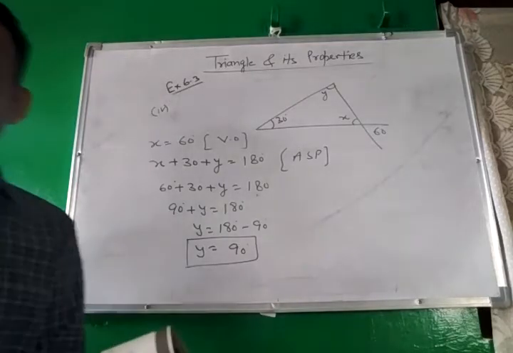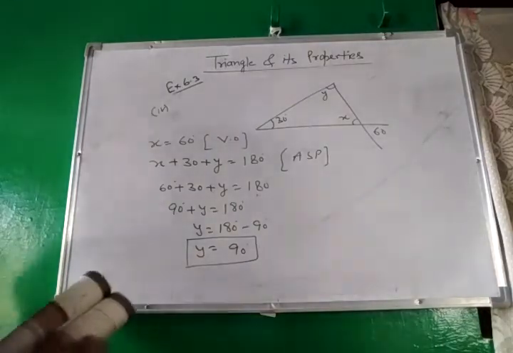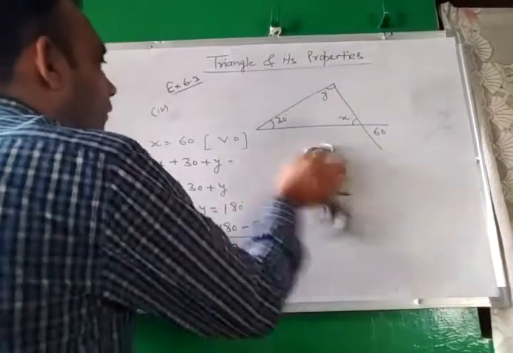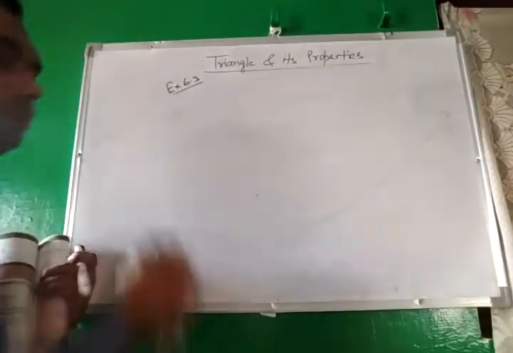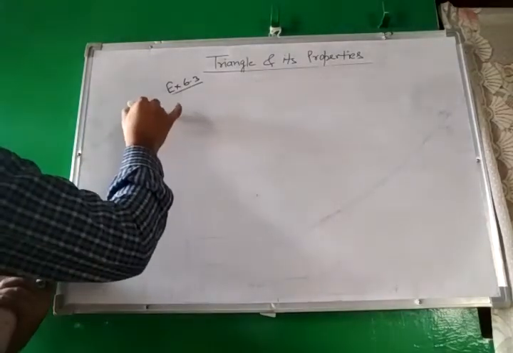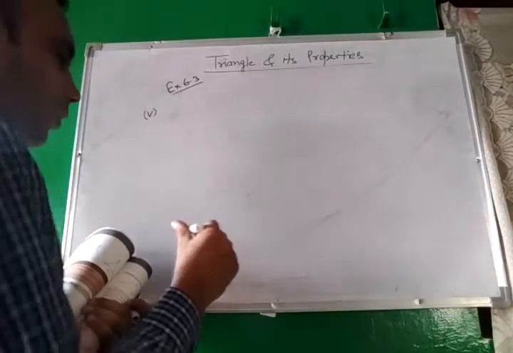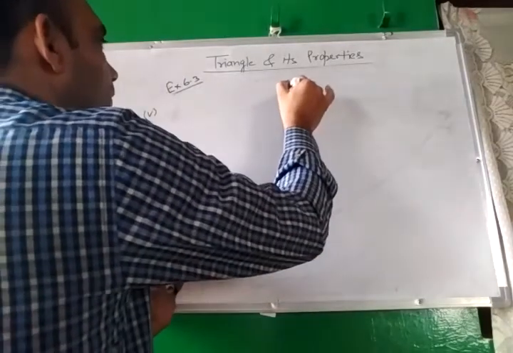Part number 5. What is part number 5? This is a triangle.